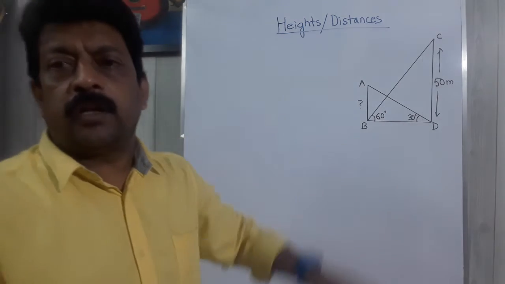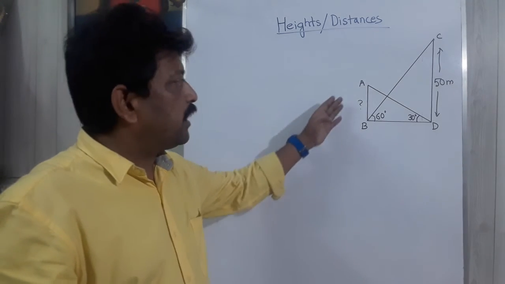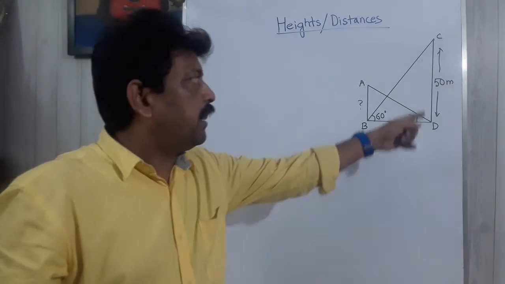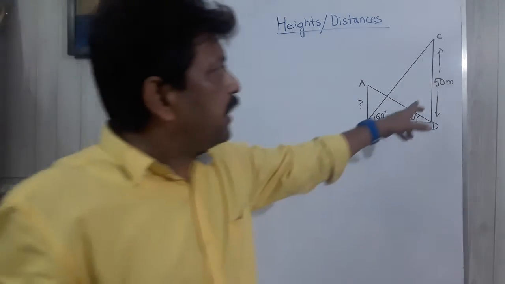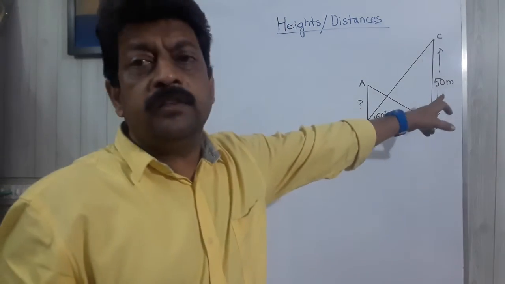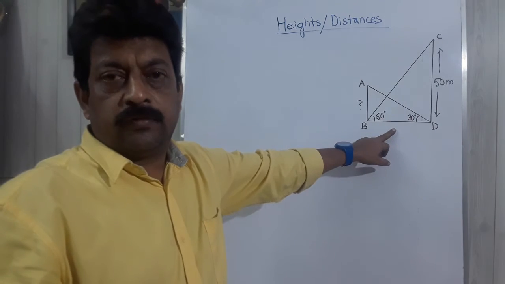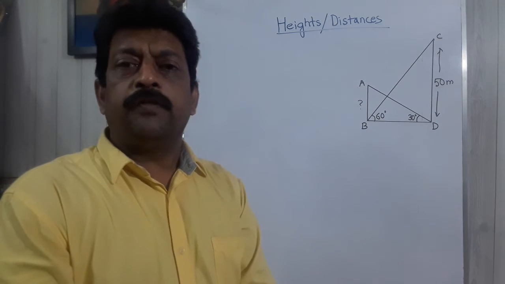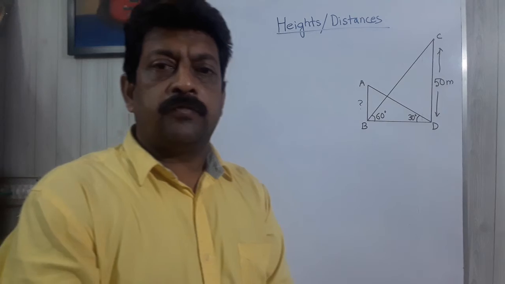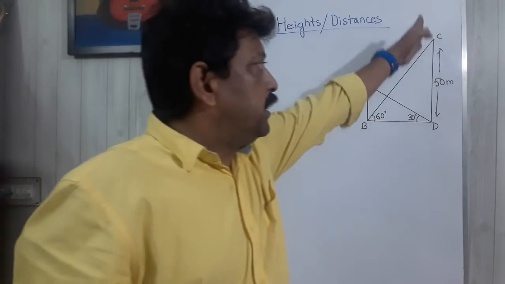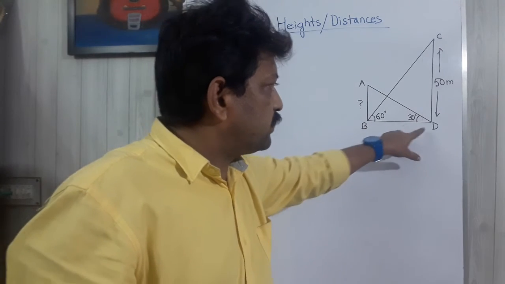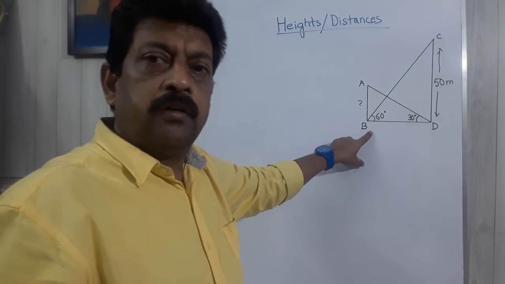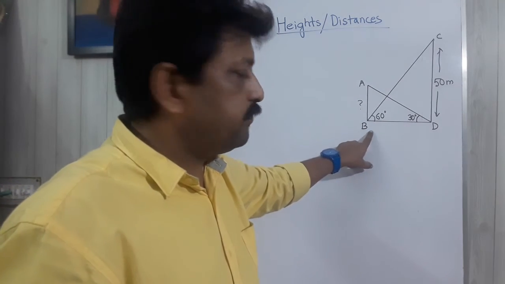Here you can see there are two right triangles. One is triangle ABD and another is triangle CDB. So in triangle CDB, the height is given, we can easily calculate the base using the concept of tan theta. Tan theta means perpendicular upon base. So with the given height and the angle of elevation, we can calculate the base of the right triangle CDB.